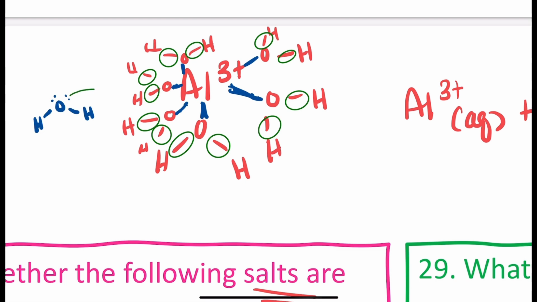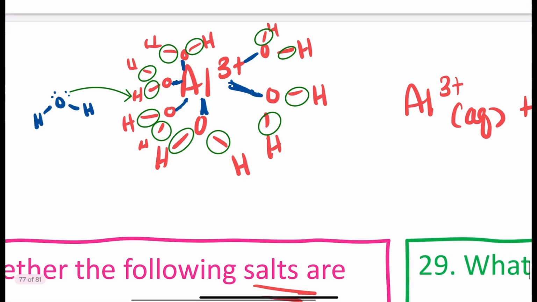to attract that aluminum ion in the center. So a different water molecule comes along and says, I'm going to go ahead and steal that proton from you, because it's such a positive proton. It has such a positive partial charge to it because the oxygen's kind of ignoring it anyway. And the electrons from this bond here stay on the oxygen atom.